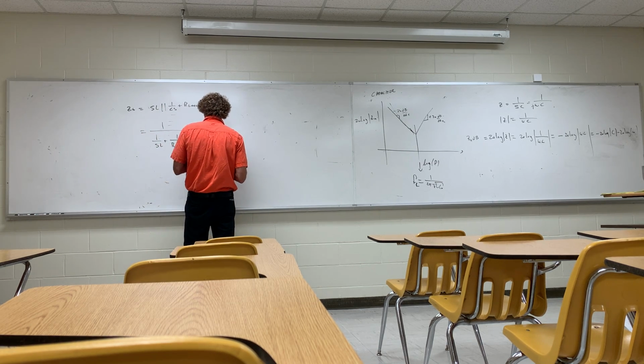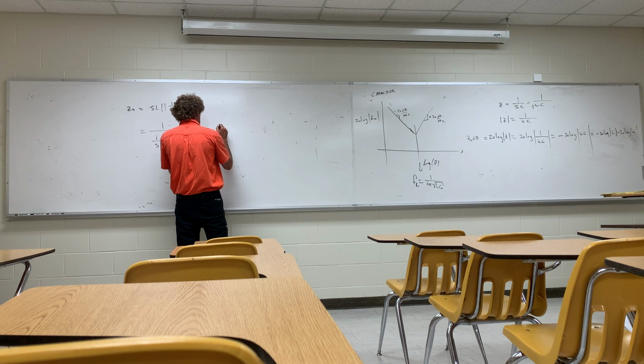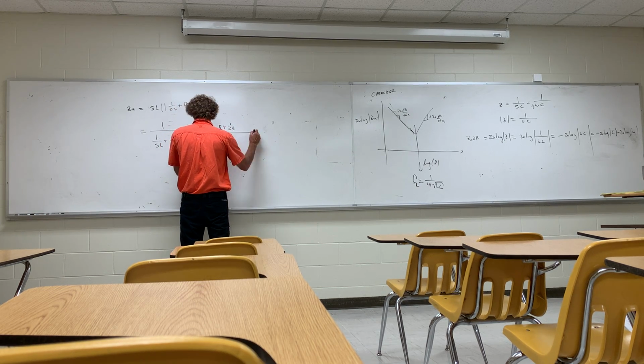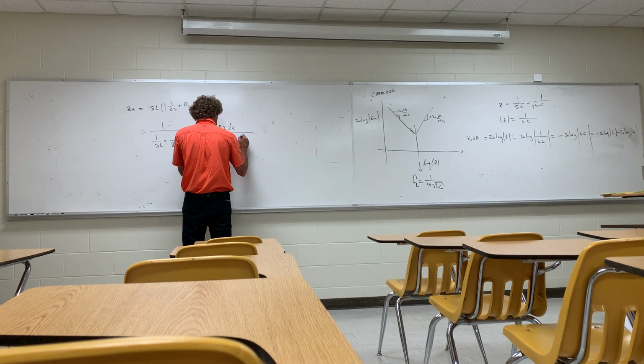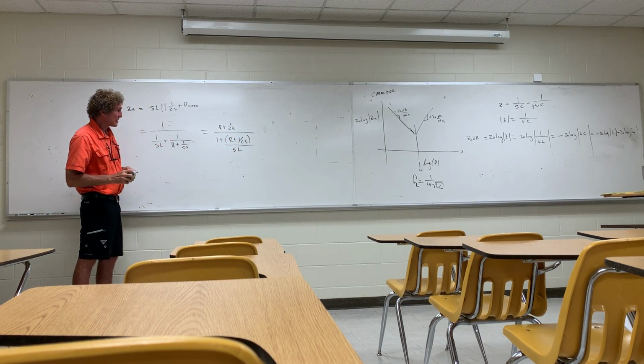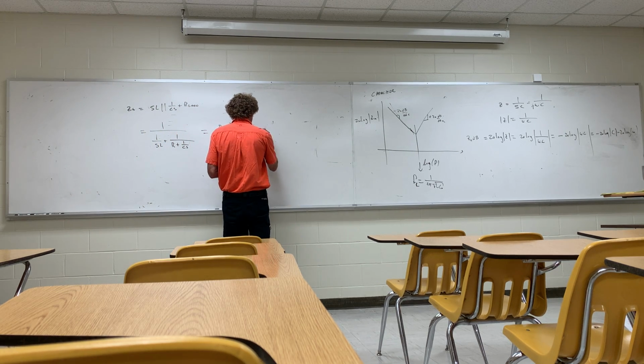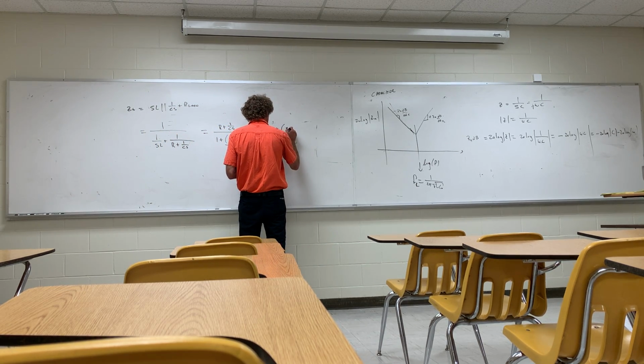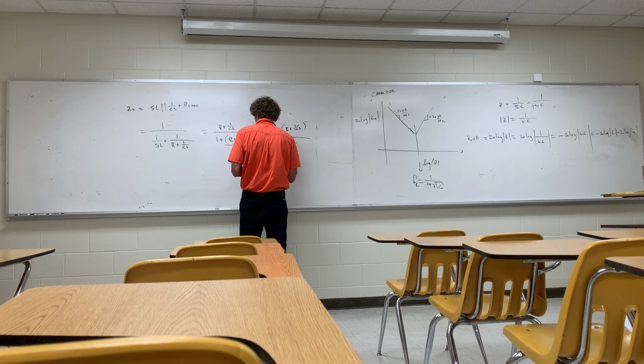I'm going to multiply top and bottom by R plus 1 over CS. So I have R plus 1 over CS over, and that's going to be 1 plus R plus 1 over CS divided by SL. I'm going to do it this way. Then I'm going to multiply top and bottom by SL. So then I get S times L times R plus 1 over CS over SL plus R plus 1 over CS.